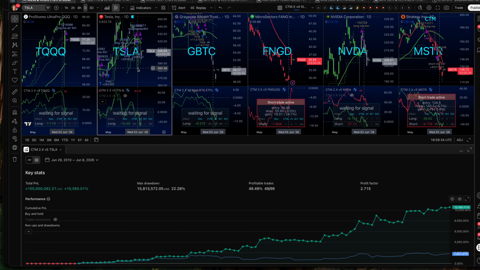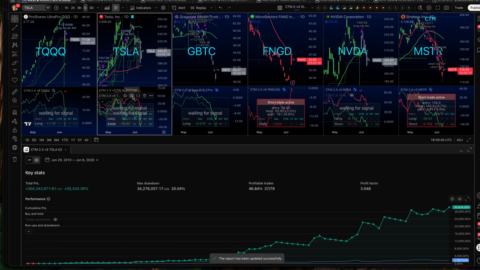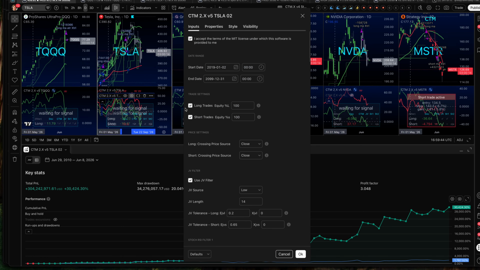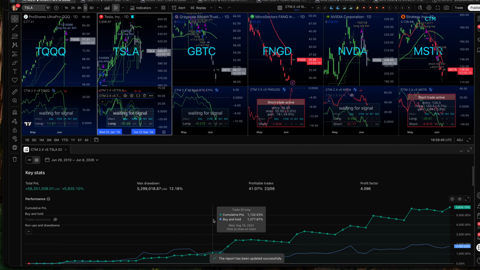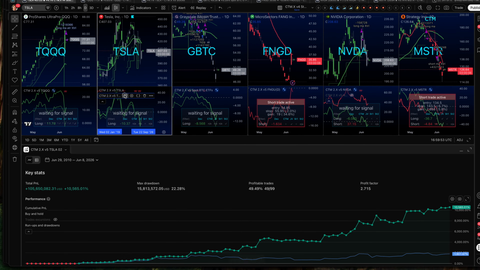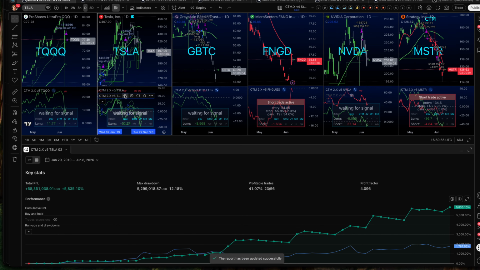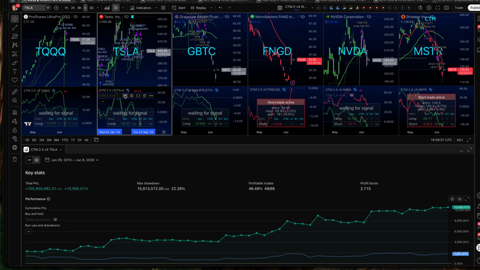Just like this other option here on Tesla, I'm going to continue. By the way, which is better? The buy side only on which of these? So let me go ahead over here and take off the short. And you could see that the buy side here is significantly better in drawdown and return.